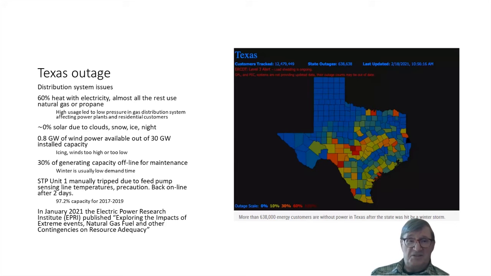I thought it was interesting that in January of 2021, the Electric Power Research Institute, which is an independent research lab for the utility industry, where the various utilities are members of the institute, published a report about the impacts of extreme events. I guess they published it a little too late for anybody to do anything about this recent issue.